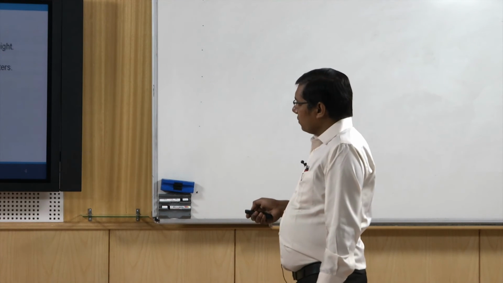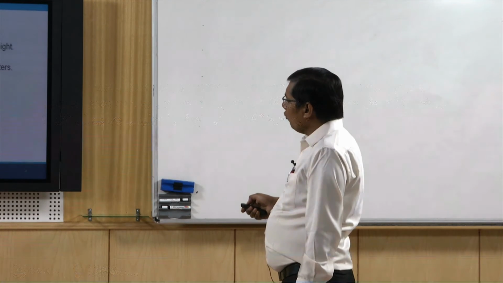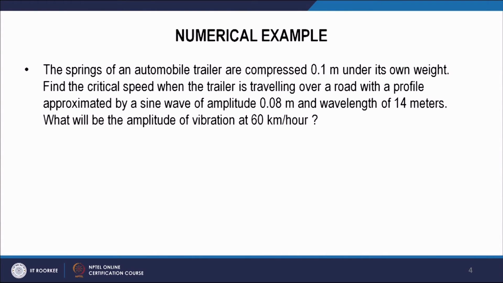Now it is asked what is the critical speed, and then what will be the amplitude of vibration at 60 km per hour. So again it is asked that if it moves at 60 km per hour, what will be the amplitude.